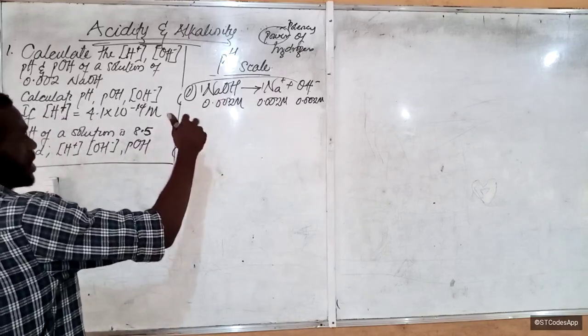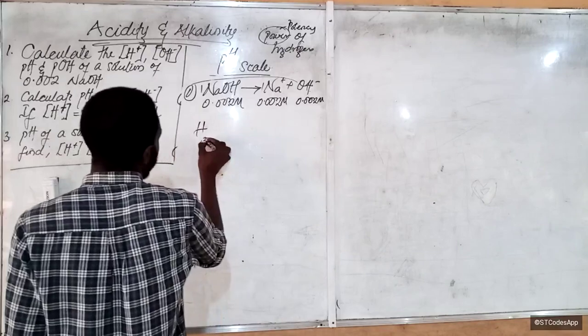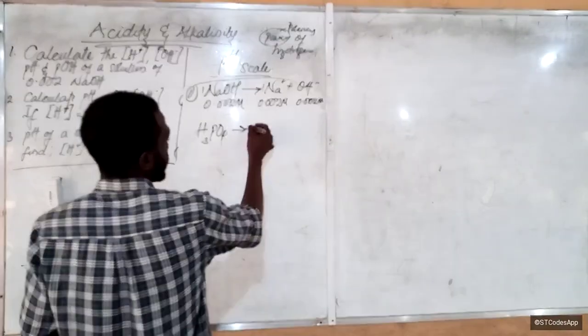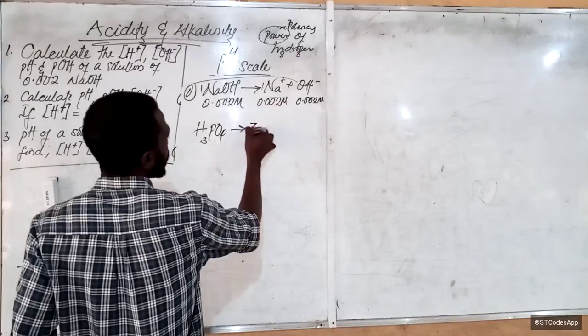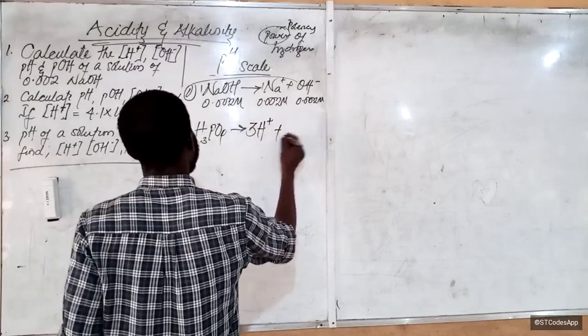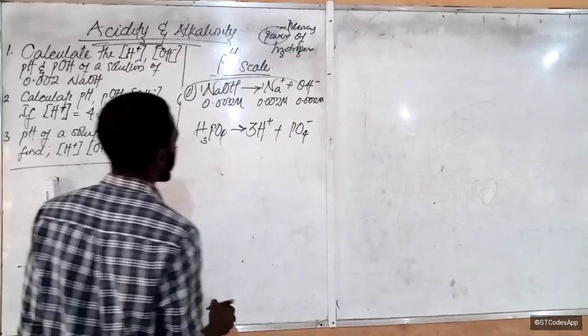So having done that, in that case, it means that if I have an acid like H3PO4, and I want to ionize it before I solve, it will give me 3H plus and PO4 3 minus. All right.